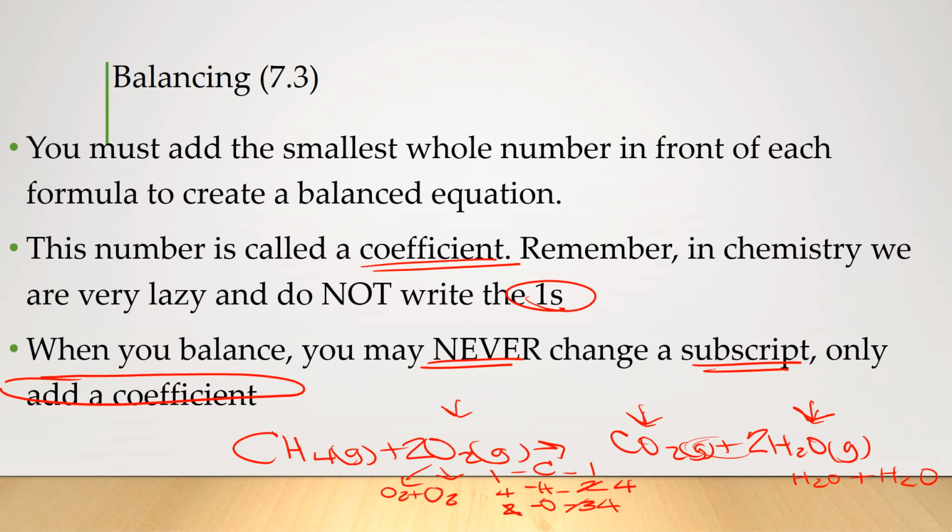So now I have 4 oxygens. And I'm balanced. So your homework is going to say, list the coefficients. Well, in front of my methane, there is an invisible 1. In front of my carbon dioxide, there's also an invisible 1.